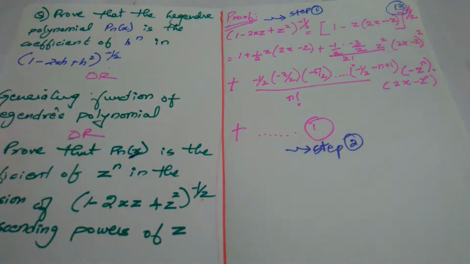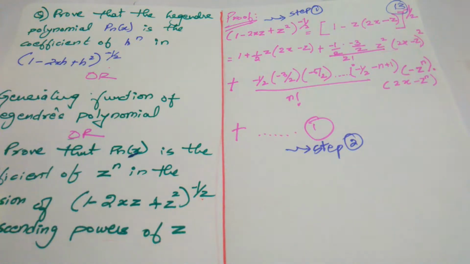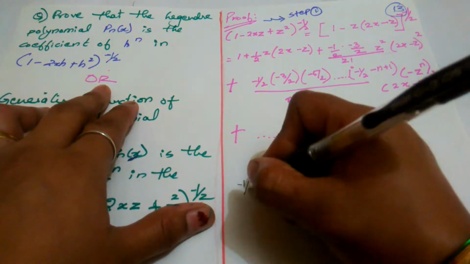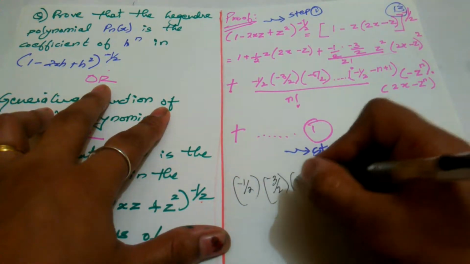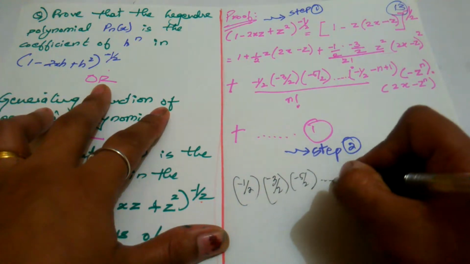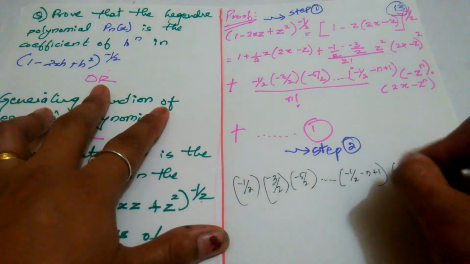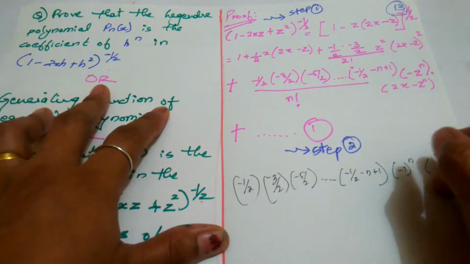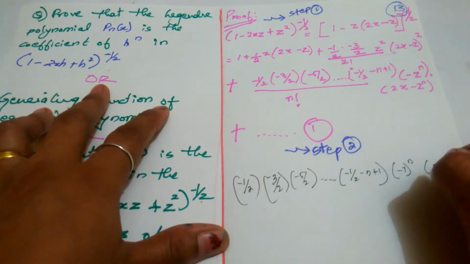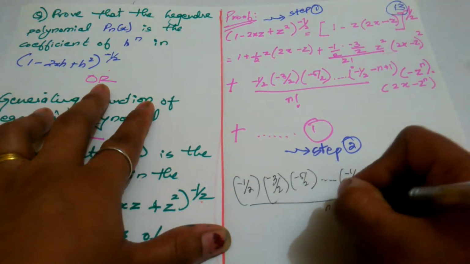So I'll use some other pen, green. Minus 1 upon 2, minus 3 upon 2, then minus 5 by 2, dot dot dot, up to minus 1 upon 2 minus n plus 1, raised to minus 1 raised to n, then 2 raised to n x raised to n divided by n factorial.